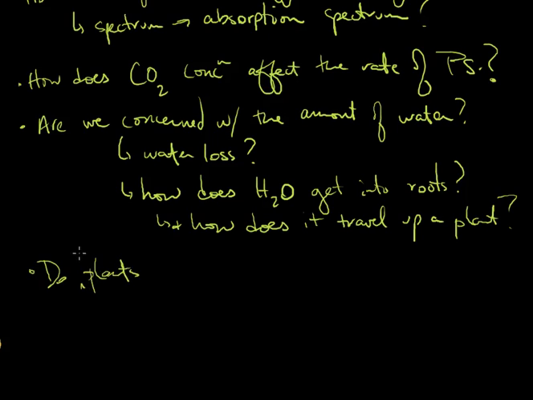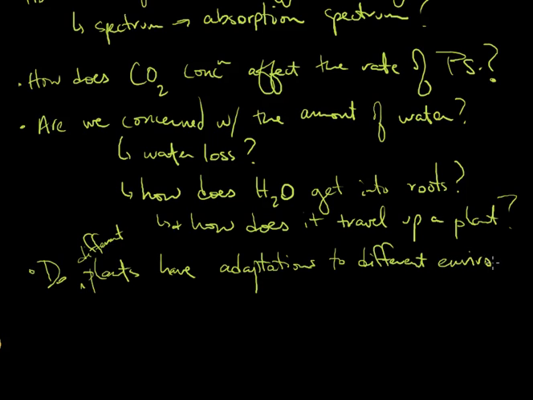And do plants, or maybe let's say do different kinds of plants, different species of plants, have adaptations to different environments? And it probably seems quite obvious that yes, of course they do.